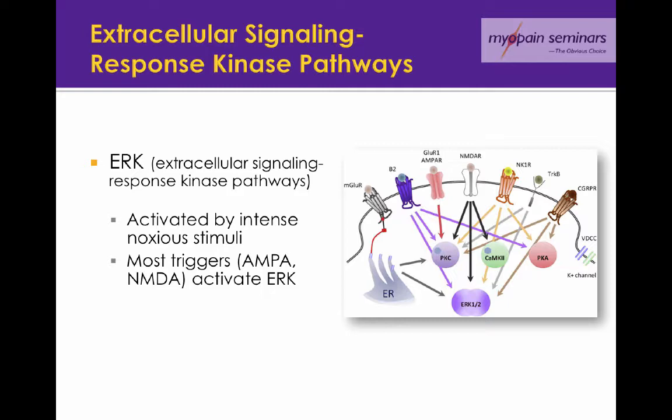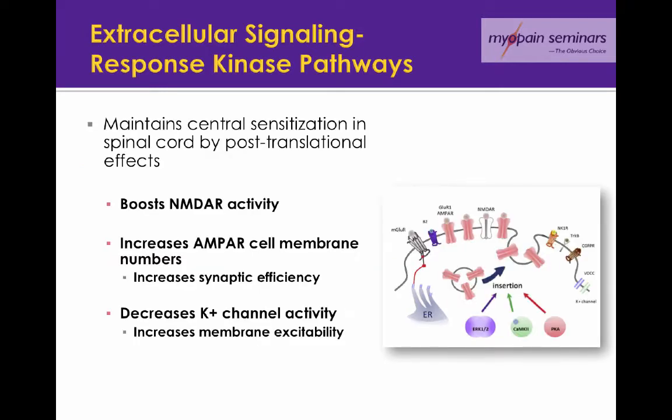So it's a post-translational mechanism. As I just said, the extracellular signal-regulated kinase pathways maintain central sensitization. It boosts the NMDA receptor activity, it increases the NMDA cell membrane numbers, and it decreases potassium channel activity, and that increases membrane excitability.